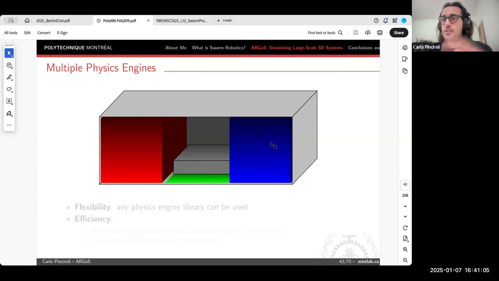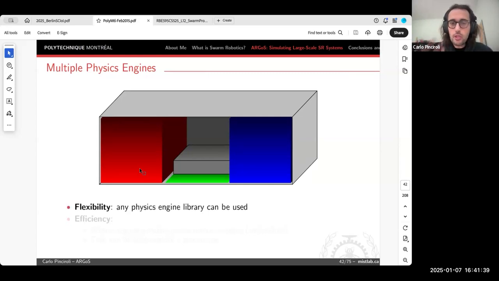And by the way, any of these engines can be reality, because if I have, for example, a room right here that is handled by a motion capture system, I can make hybrid experiments in which I have some robots that are physical and actually do things in the world, and they talk to robots that don't exist in the next room, and the next room simply is not there. It's just not a room that exists. So what's nice about this is that we can do human swarm interaction very easily. We can add virtual robots, we can add virtual environments, and we can simulate things that are not there.